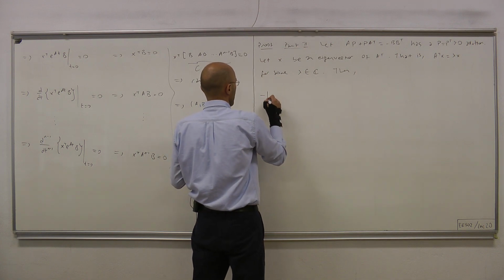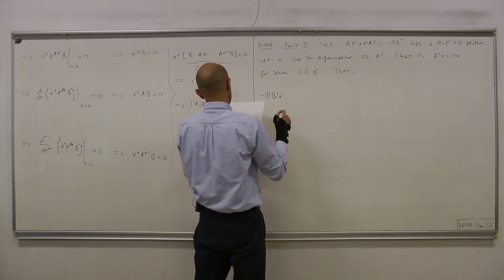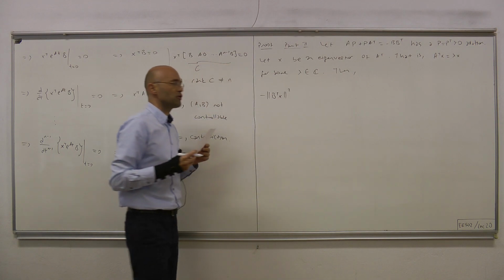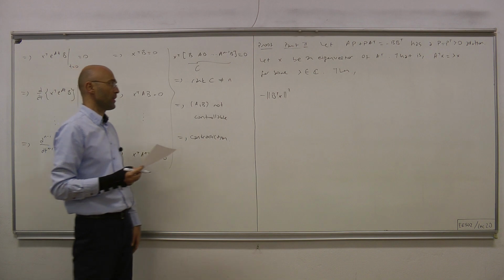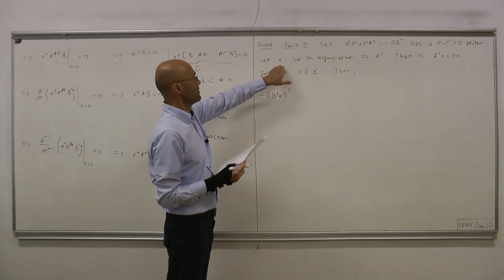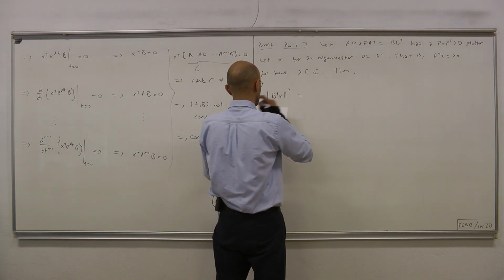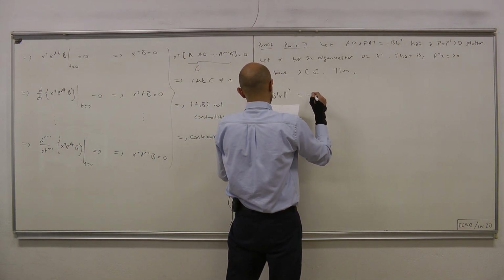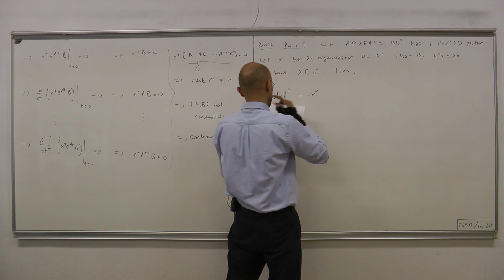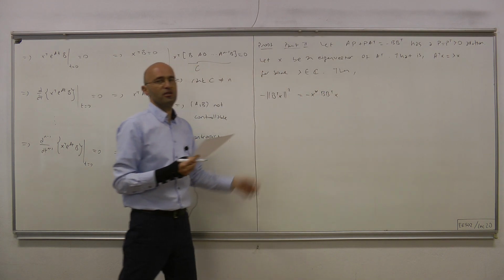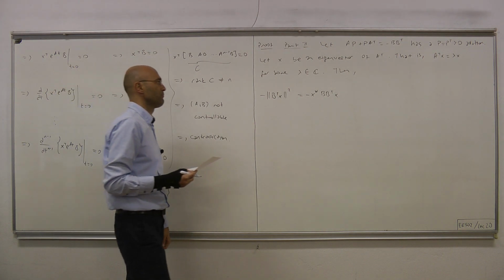We write the following: the norm of B^T X, squared. X is this eigenvector. Now this can be written as X conjugate transpose BB^T X, by definition of the Euclidean norm.